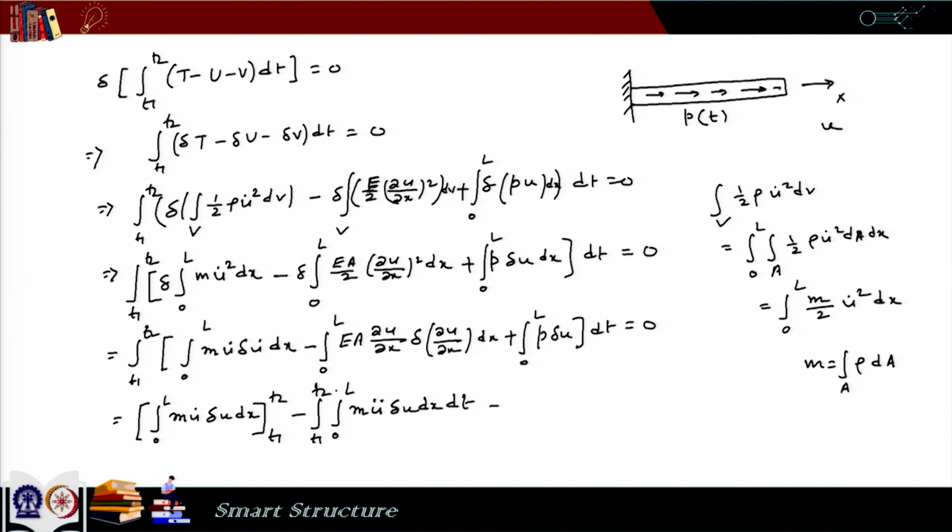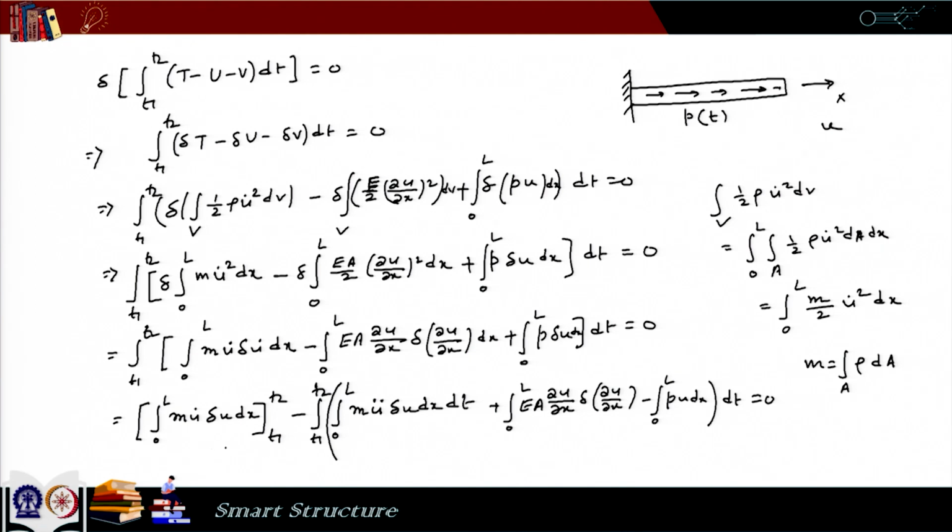So, inside the time integral, it becomes zero to L E A del u by del x del u by del x, and we have 0 to L P u, this also dx and dx dt, that is equal to 0.